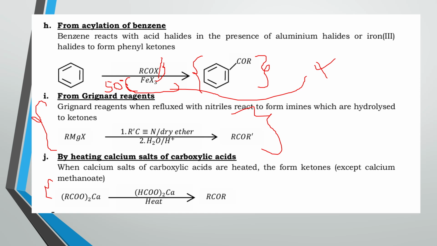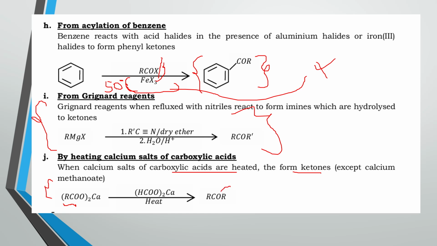Except, if you look at part J, we are saying that when calcium salts of carboxylic acids are heated, they form ketones, except calcium methanoate, simply because we said in the previous preparation of aldehydes that if at all you are heating calcium methanoate, you are only going to form methanal. But if you are heating an increased chain of that, you are going to form a mixture of products, and you are going to form both aldehydes and ketones.